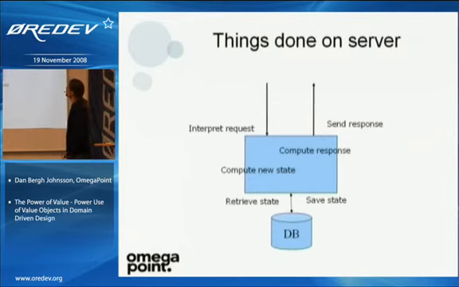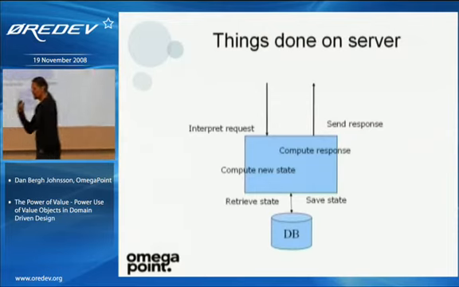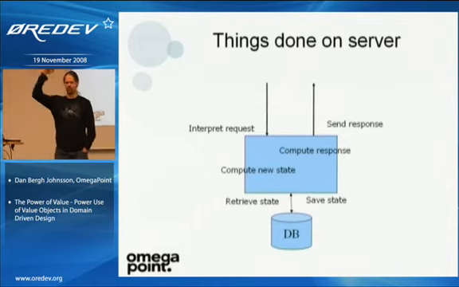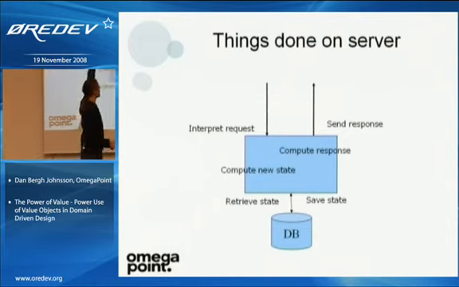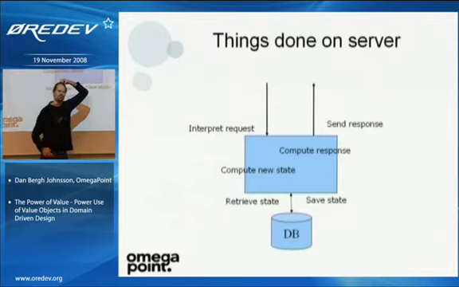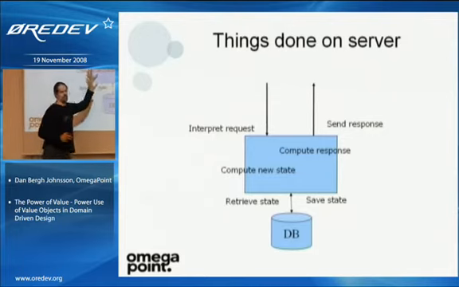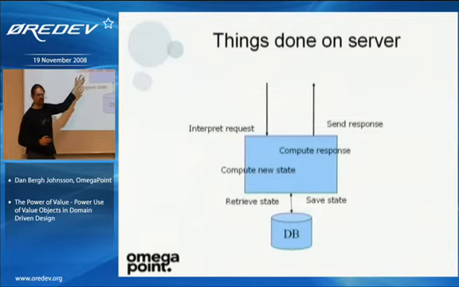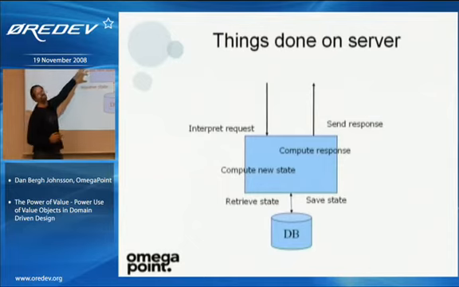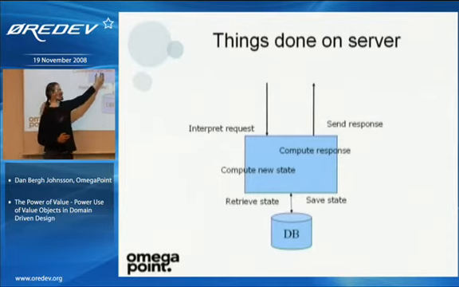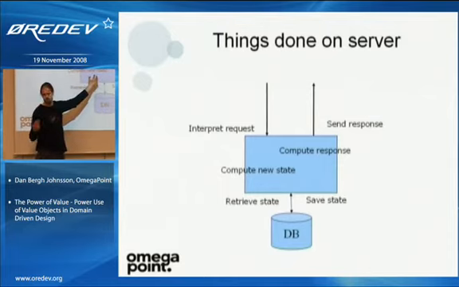So let's have a look at things done on the server. If we think about what we are actually doing from when a request comes in until we send a response, there's a lot going on. First, we interpret that request some way or another. After that, we'll probably find some kind of ID. We'll fetch some state from the database, an object or an object graph.